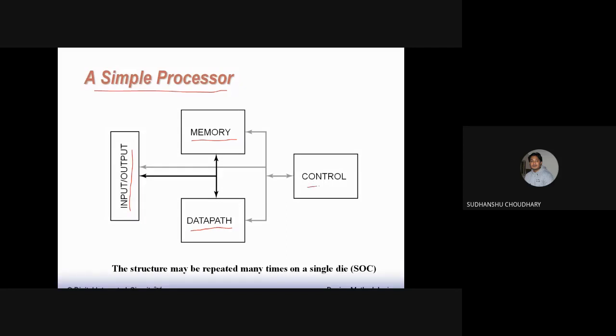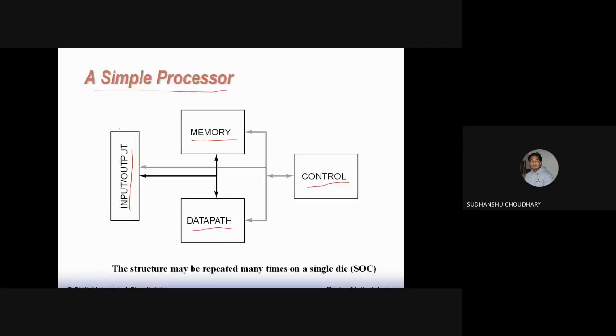Then you have a control unit which will control all the events in the microprocessor, right? Then this structure can be repeated many times on maybe a single system on chip. Since a system on chip or any chip can have more than one microprocessor, obviously this block can be repeated several times depending upon the number of microprocessors required to implement a system.